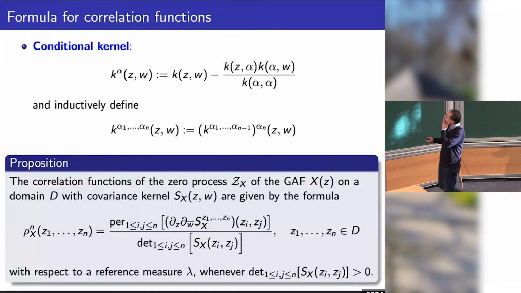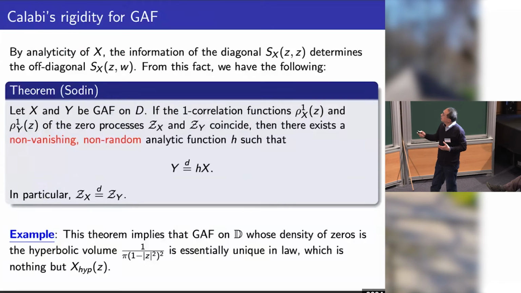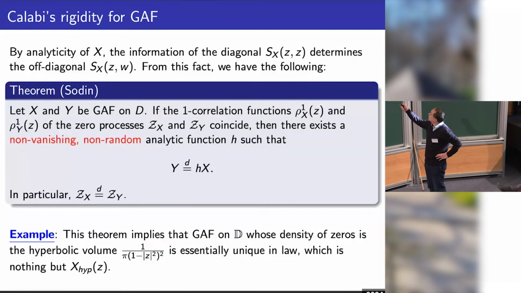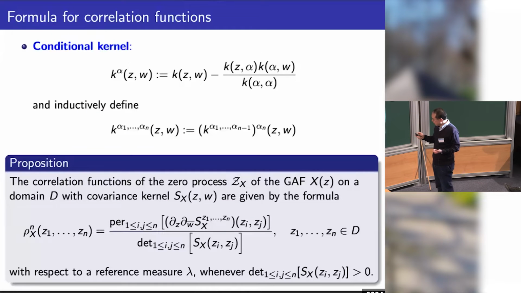So this is one of the things. And as I told you, the diagonal part of this kernel determines everything. This is the evidence of that.